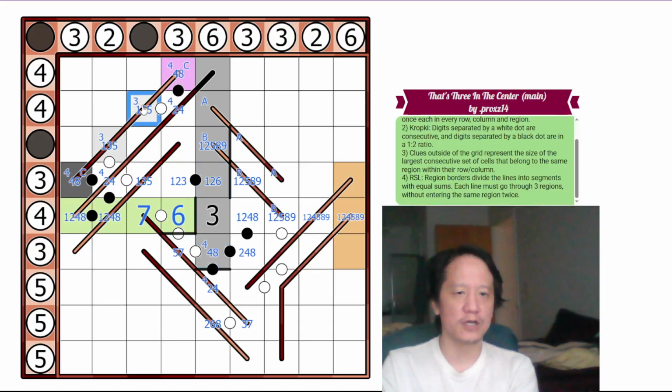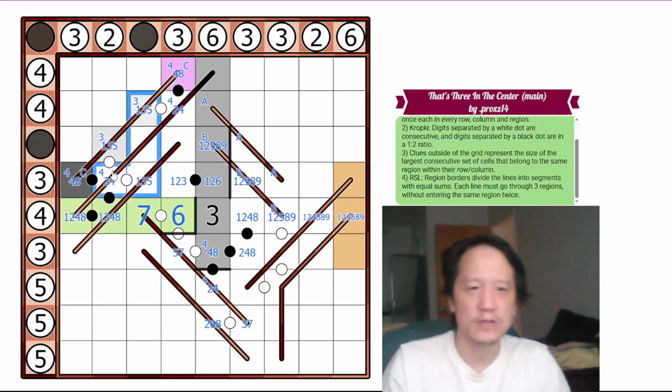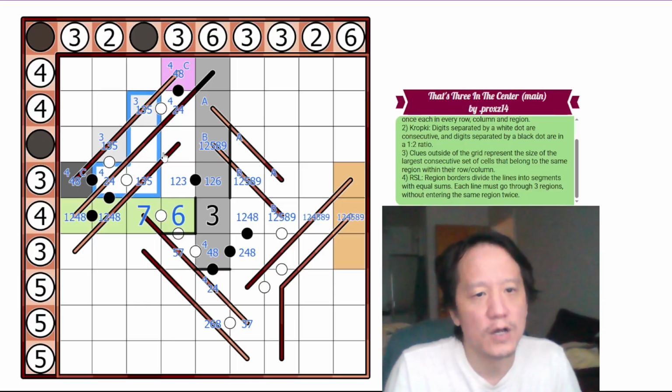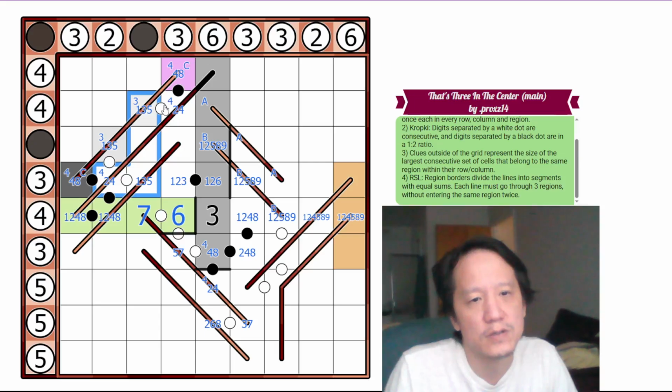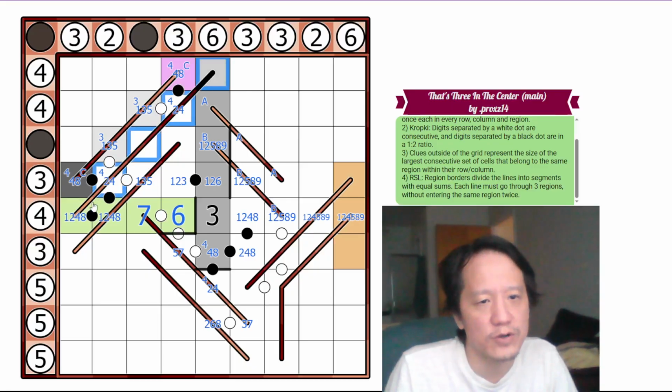And the reasoning is gray has to be part of this. Say it was part of green. Actually, maybe that could work. That actually could work. Maybe. 1, 2, okay, this can only be part of 3 regions.